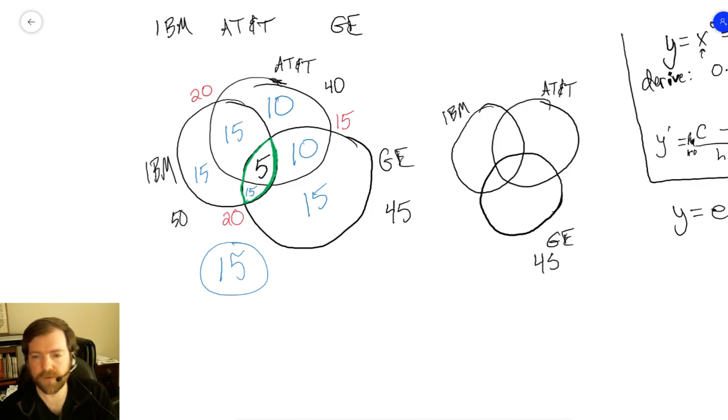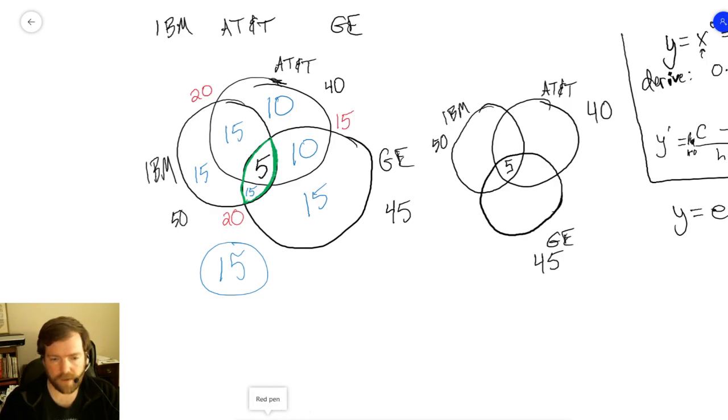We said the total here was 45, total here was 40, and the total here was 50. We said the total in the middle is 5 that definitely have stock in all three companies. Okay, the intersections are 20, and again, did it not work? 20, 15, 20.